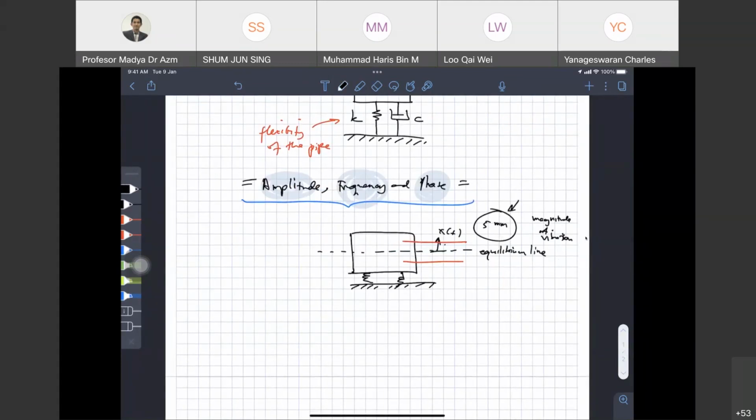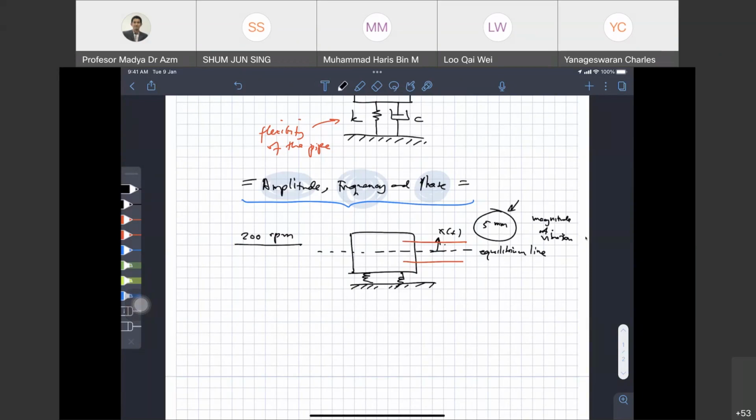Okay. So if the machine is a rotating machine, it has a fixed frequency. Let's say the machine is running at 300 RPM. What is the value in hertz? RPM is rotations per minute.